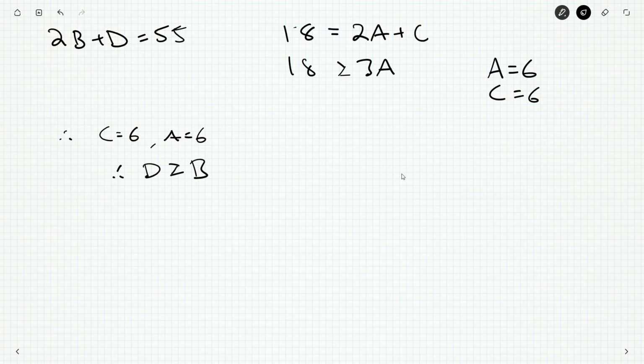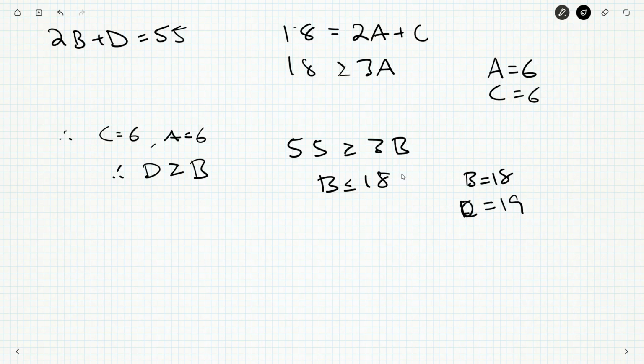So now, 55 has to be greater than or equal to 3B, and 55 divided by 3 is 18.33, so B is at most 18. So let's make B equal to 18. So 2 times 18 is 36, and that leaves D is equal to 19.